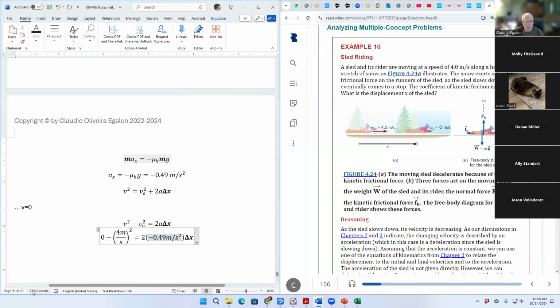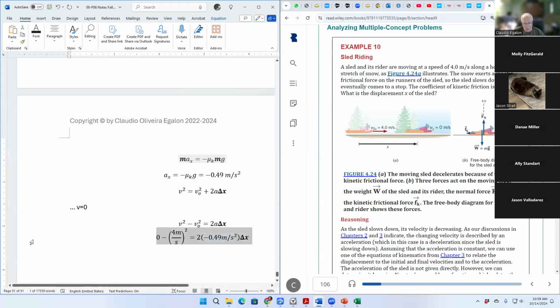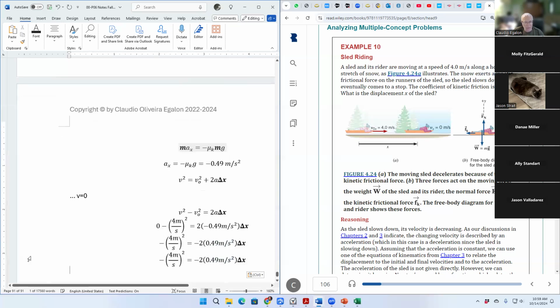In the next step, then I'll get rid of the 0, right? This negative goes outside. Negative cancels out with negative.